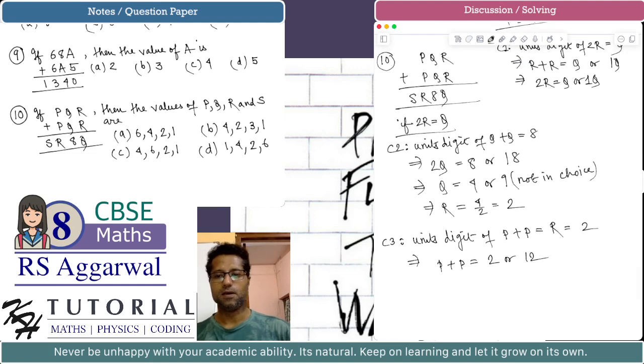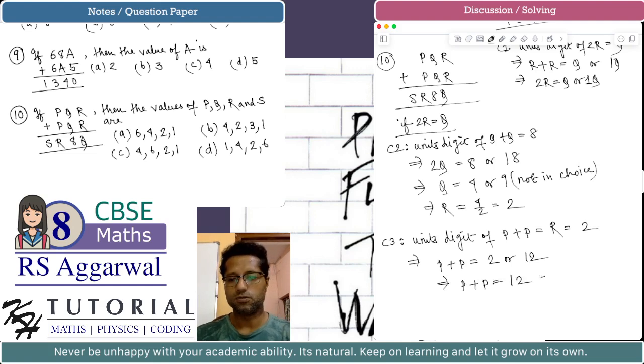Now p plus p cannot be 2, because there is a carry forward. That is why we see the digit s. If p plus p equals 2 and there is no carry forward from column 2, then the digit s would not exist. So this implies that p plus p has to be equal to 12. So p is equal to 12 by 2, which is equal to 6.